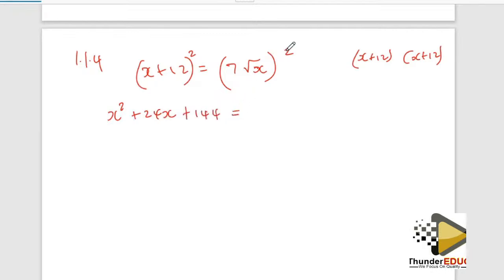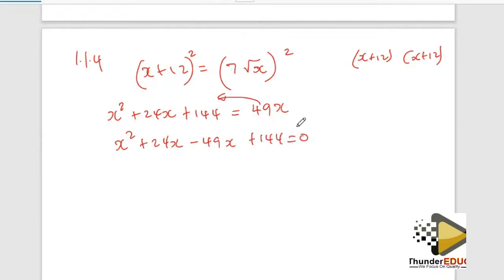Is equal to, now this square affects the 7, so that's going to give me 49. And then this square will affect the root sign and it will fall away, and I'll just have x. Then I'll bring the 49x to the left. So it's going to be x squared plus 24x minus 49x plus 144 is equal to 0.